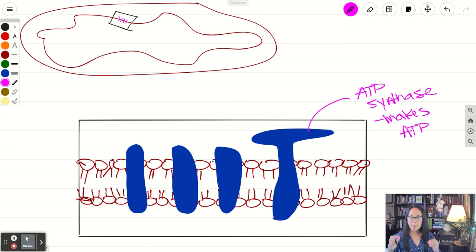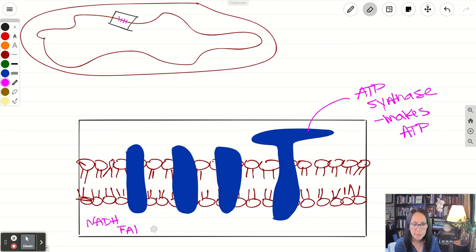Okay. So inside the mitochondria up here, we have the citric acid cycle that is happening. And what's happened is we're going to have a lot of NADH and FADH2 being generated from the citric acid cycle. So what's going to happen is these proteins here are called proton pumps. And what they do is they pump hydrogen atoms off of the NADH and FADH2.